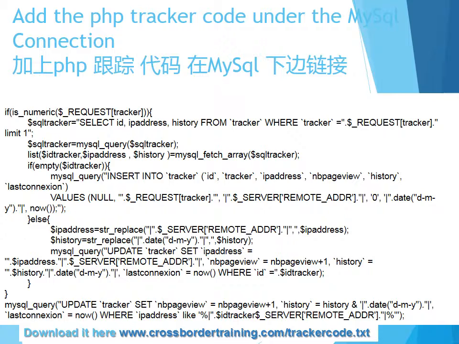in your source. And each time that someone comes with a tracker, automatically the system will connect to the database where you uploaded the tracker table. It will automatically update it to know who is on your website, and to get his IP address.